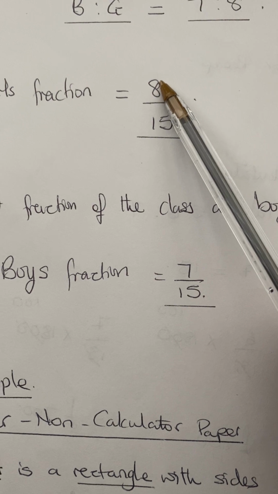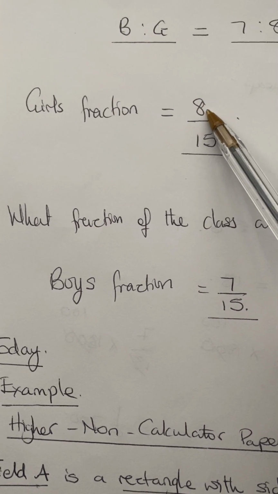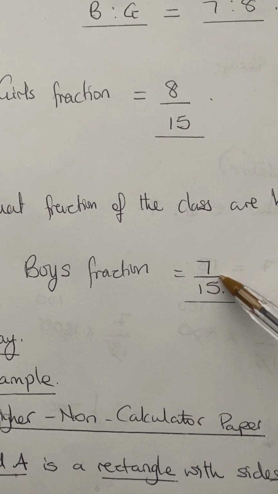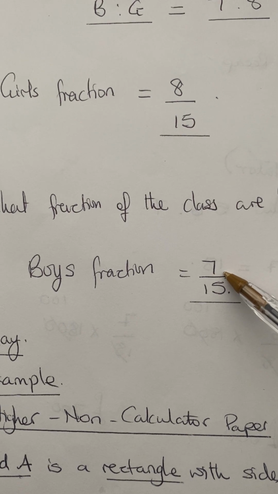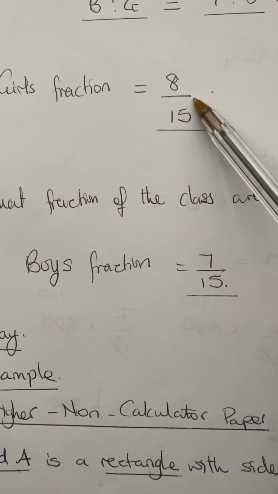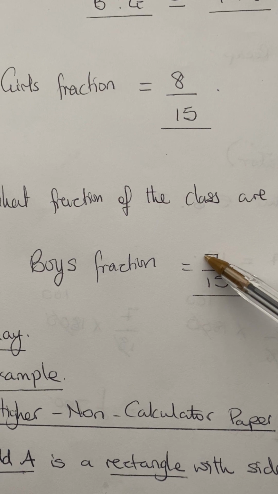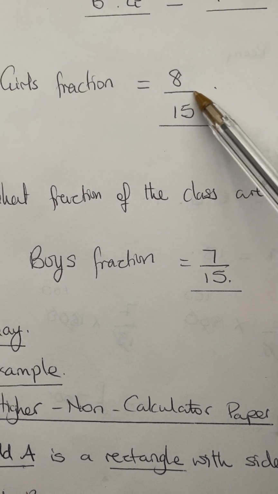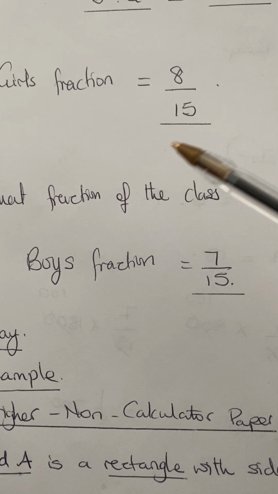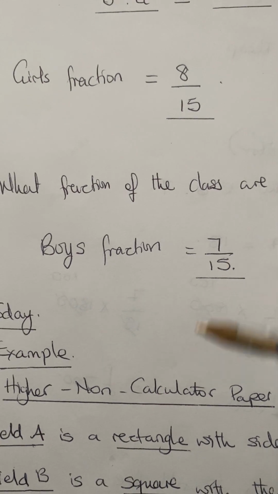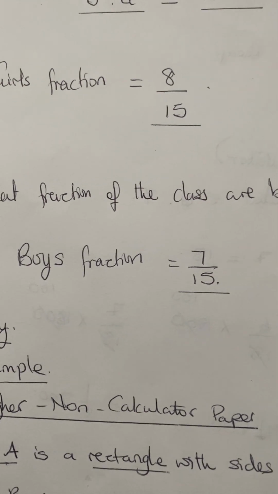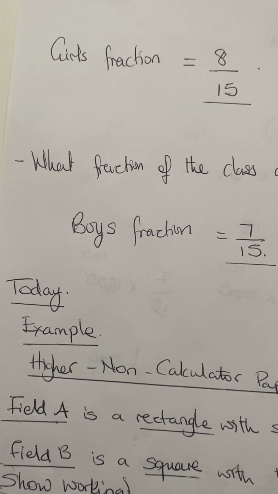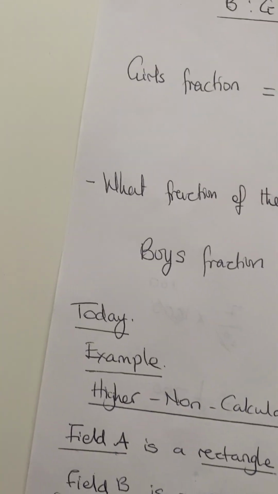The numerator for the girls is 8, and the numerator for the boys is 7. So 8 add 7 will be 15. The denominator is 15. So 15 over 15 will give you 1. Okay. You don't need a calculator for this.